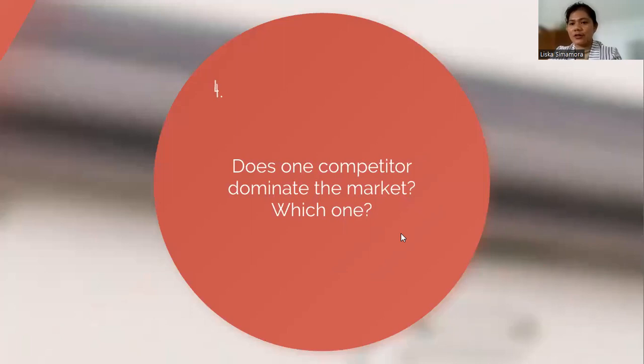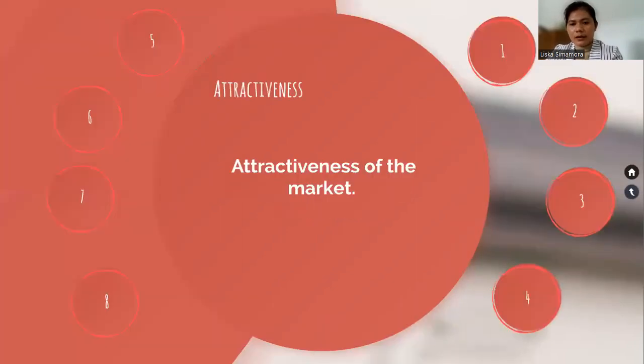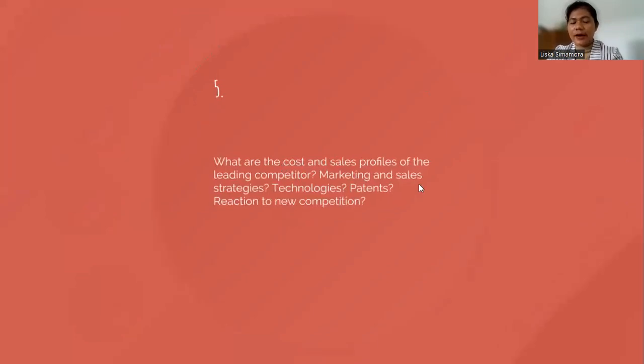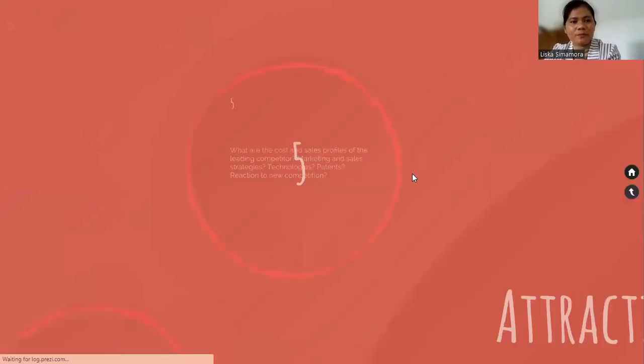Okay, if you want to produce food, for example, you have to identify which competitor is dominating the market. And then what are the cost and sales profiles of the leading competitor, right? You have to fully understand this too.